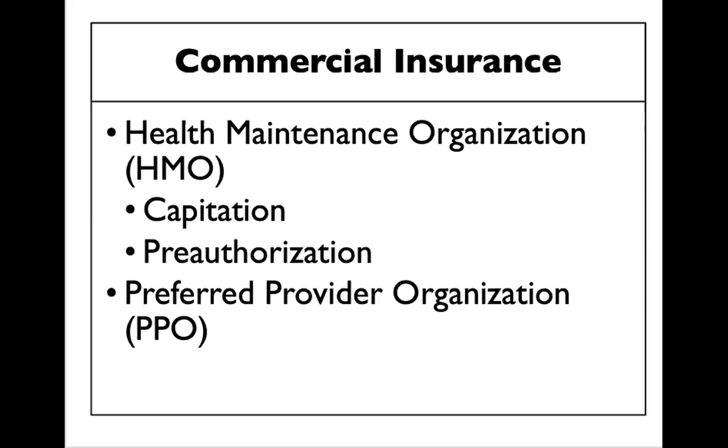Then the opposite of an HMO is a PPO. So with a PPO, the patient does not have to sign up for a primary care physician. They basically pay a higher premium.